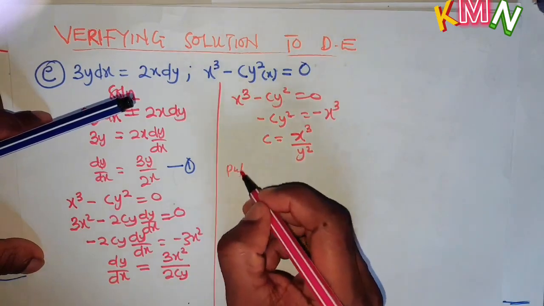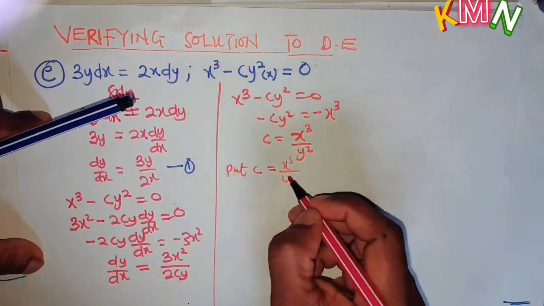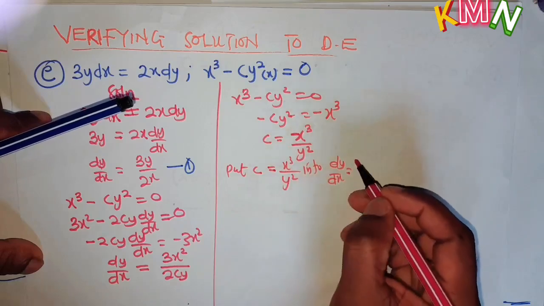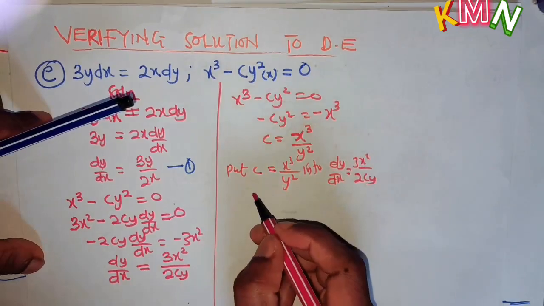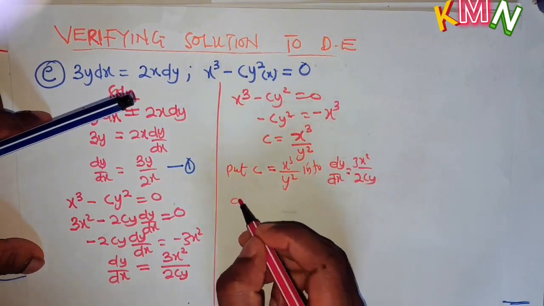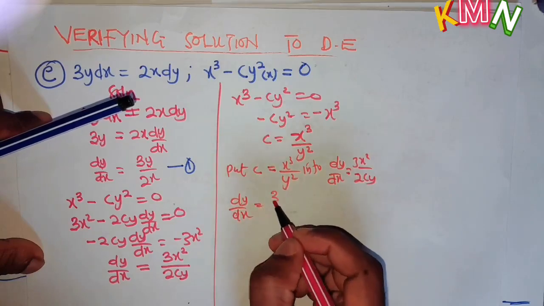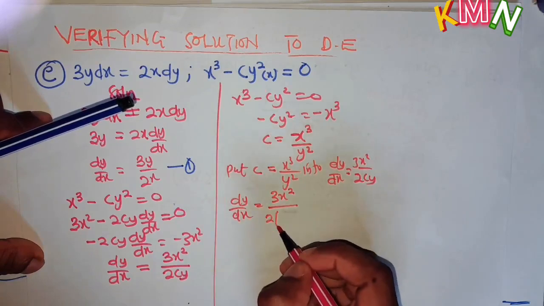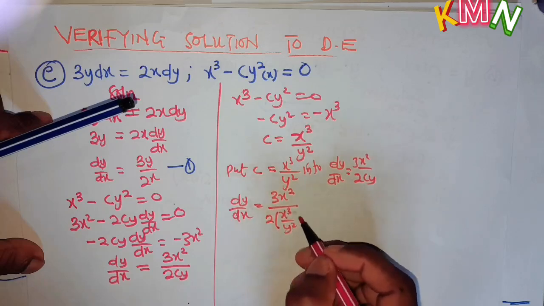So let's put c equals x cubed on y squared into our dy dx equals 3x squared on 2cy. So when that is done, our dy dx equals 3x squared on 2, the c is now x cubed on y squared, y.